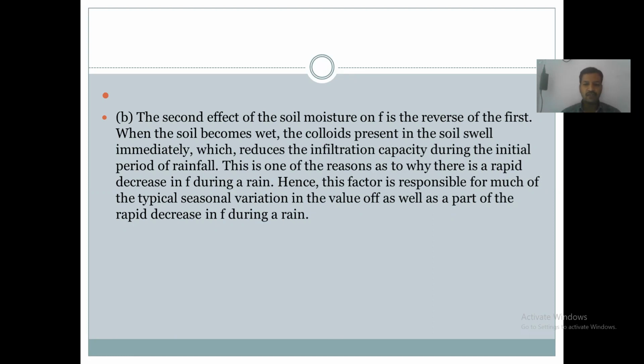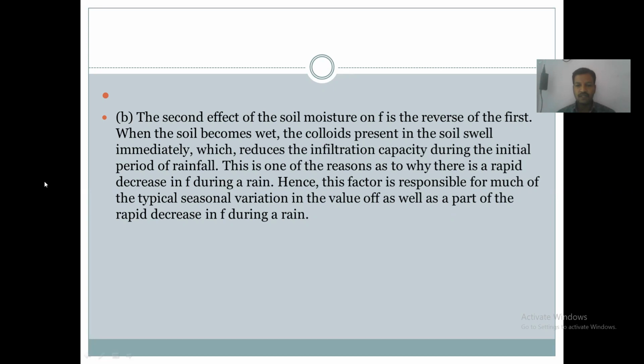So due to this swelling of the soil, it reduces the infiltration capacity during the initial period of rainfall. What happens due to swelling? Infiltration will reduce. Infiltration capacity will be less. So this is one of the reasons for the decrease in infiltration during the rainfall.